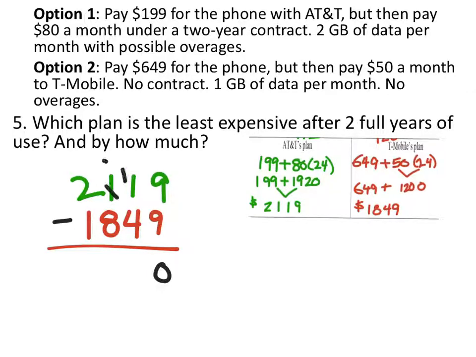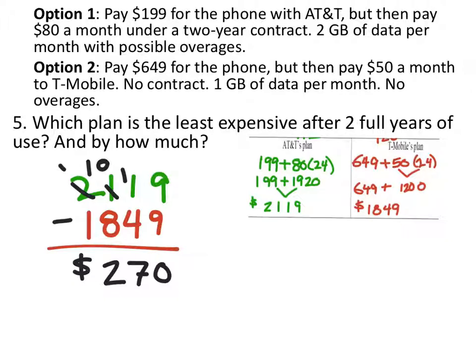We'll have to borrow there. 11 minus 4 is going to be 7. 0, we'll have to borrow there. 10 minus 8 is 2. So it looks like it's $270. I guess AT&T would be considered $270 more expensive, or T-Mobile is $270 cheaper after 2 years of full use.